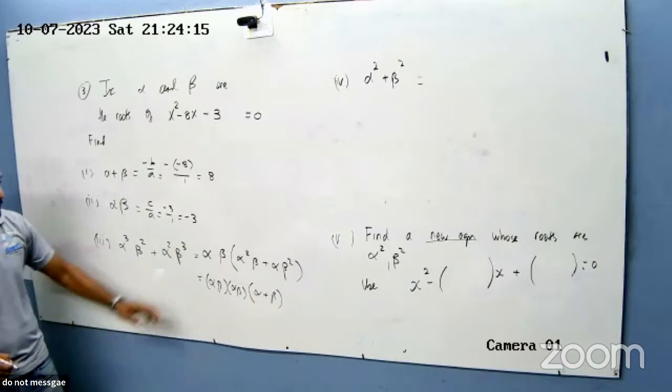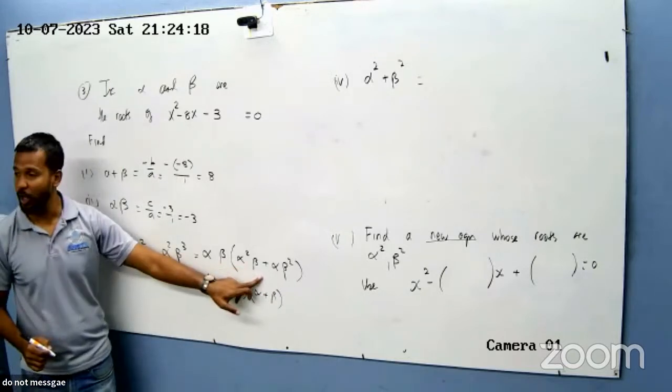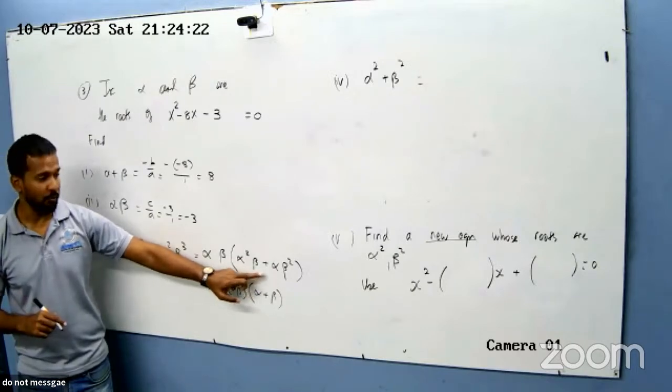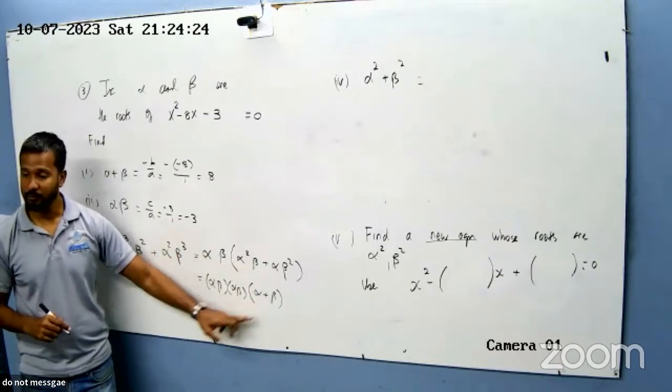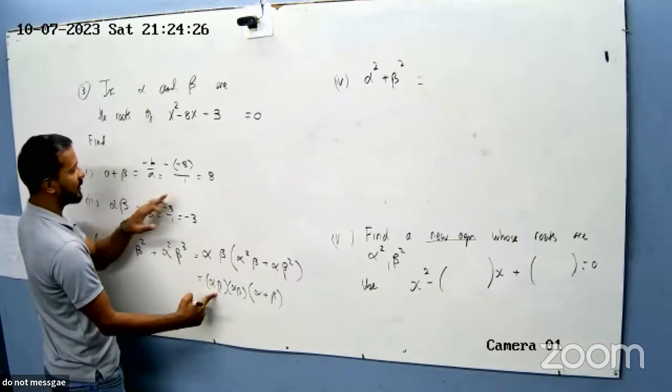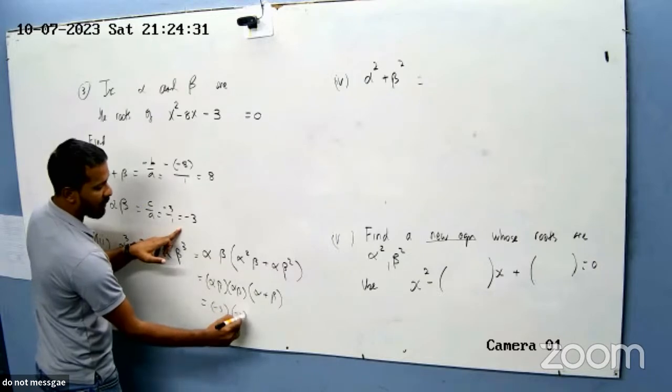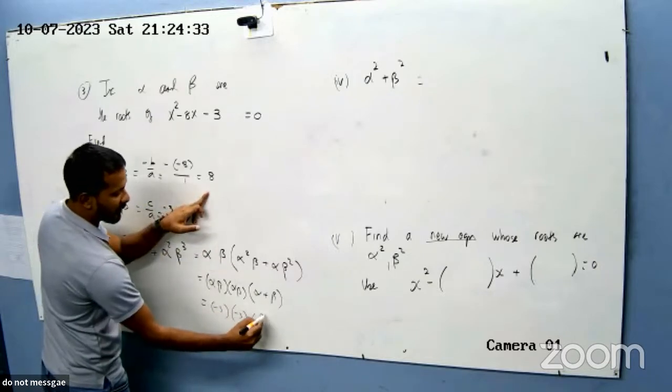This should look familiar to the one we did last time. So if you reach here, you can factorize again. Alpha beta is minus 3, alpha plus beta is 8.